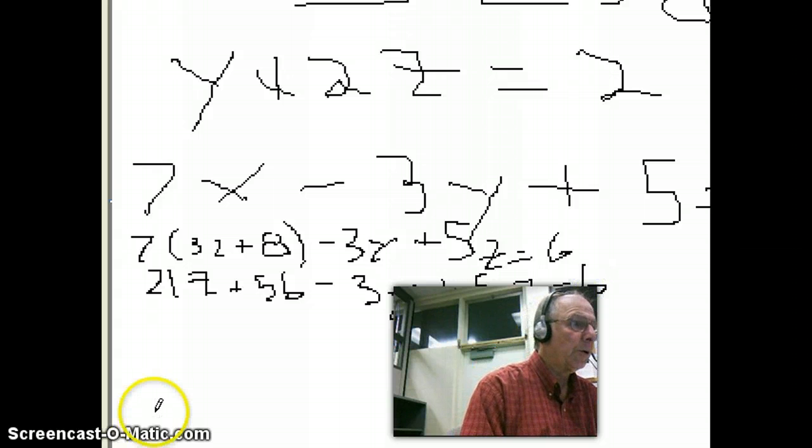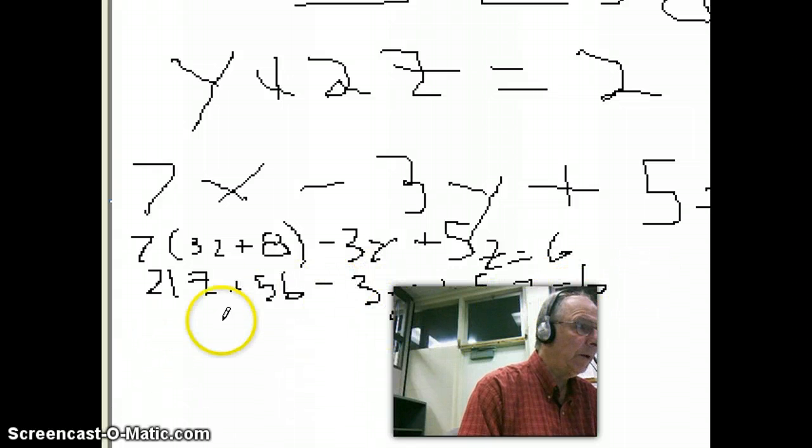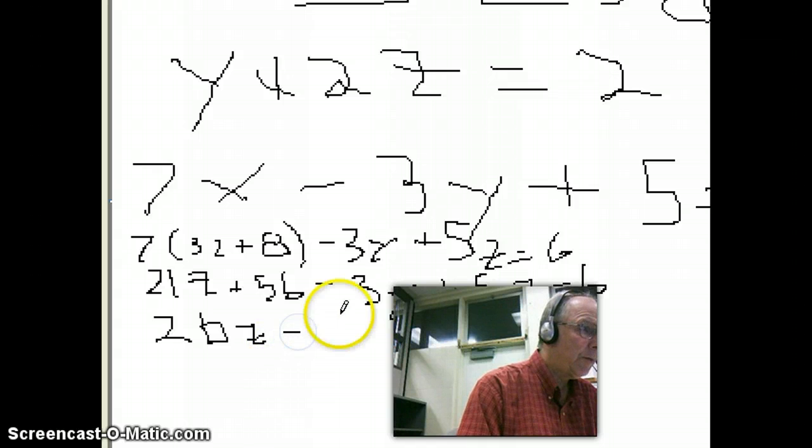And then combine like terms. 21z plus 5z is 26z minus 3y, and then subtract 56 from both sides. That would be equal to negative 50.